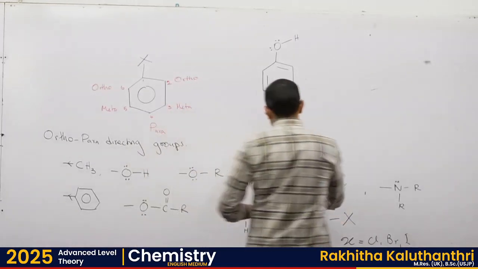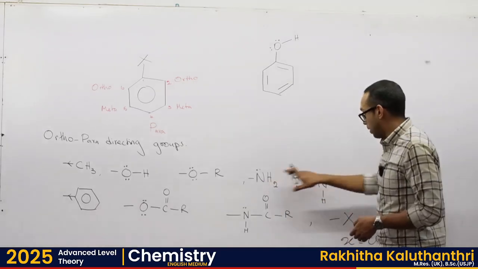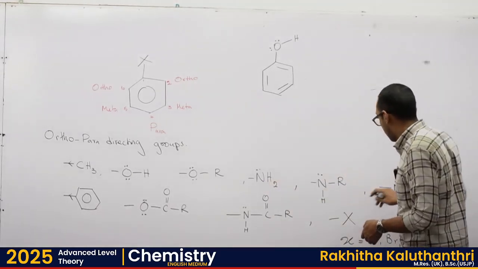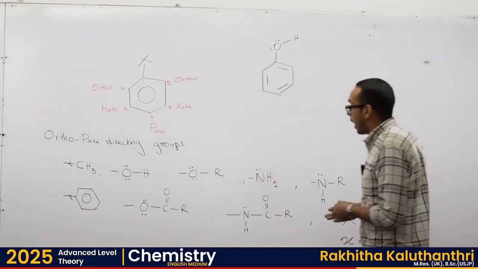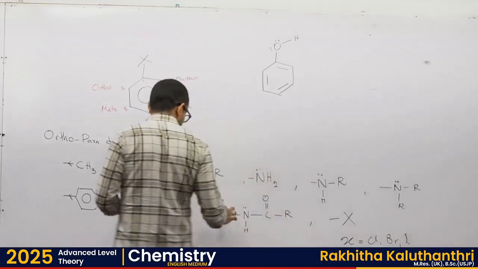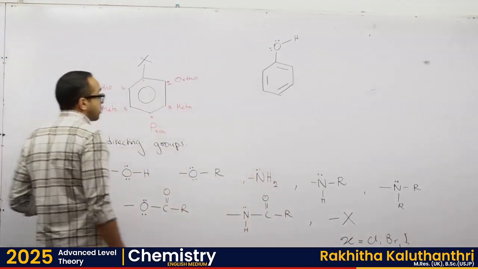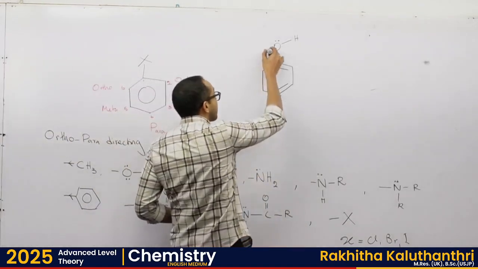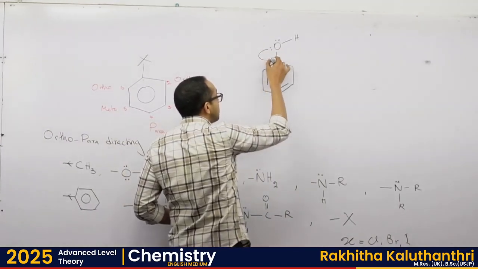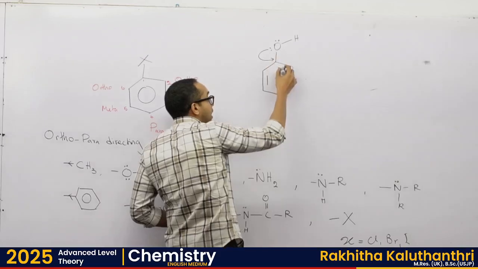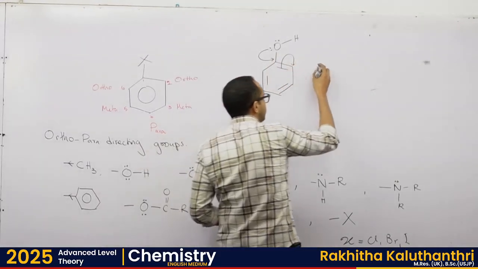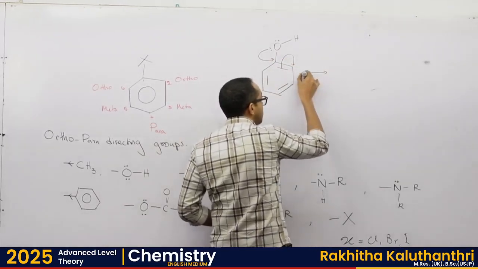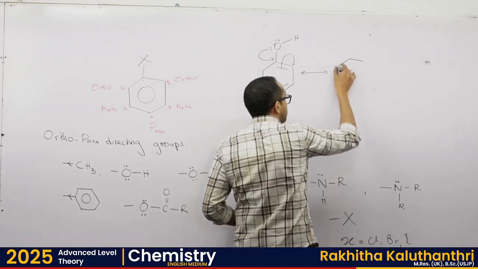And so does NH2 have a lone pair, or NHR or NR2, all of them have a lone pair on them. So that's why I indicated the lone pairs very clearly here. Those lone pairs can get delocalized into the benzene ring and cause the carbon-carbon double bonds to break and form something of this sort.